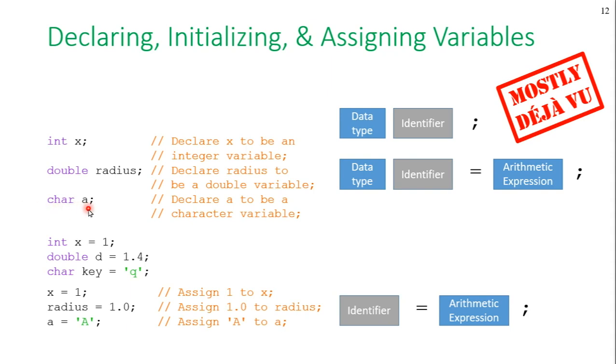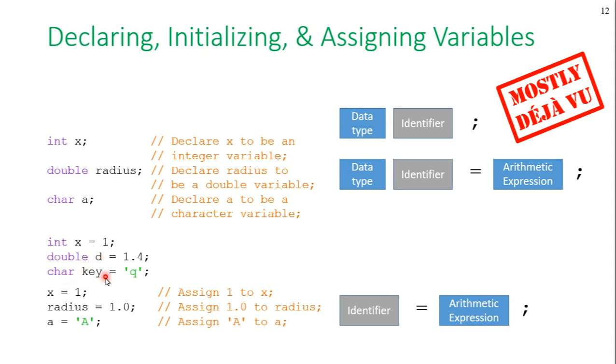A char is different. A char variable means that this variable is going to only contain a single character. Here's an example. We declare a char A and we don't initialize it here, so not initializing a variable in this course is always a bad idea. So let's look at those. Those are better.